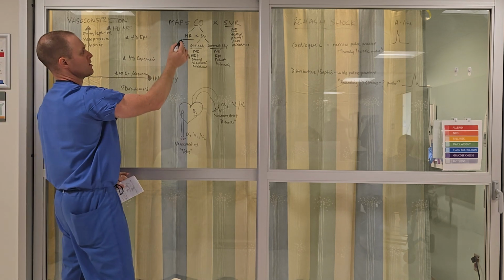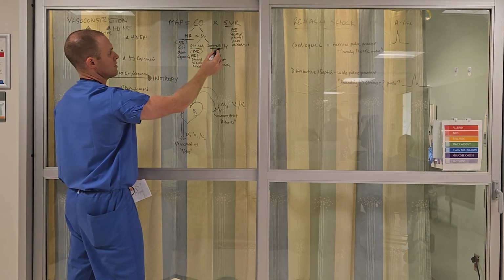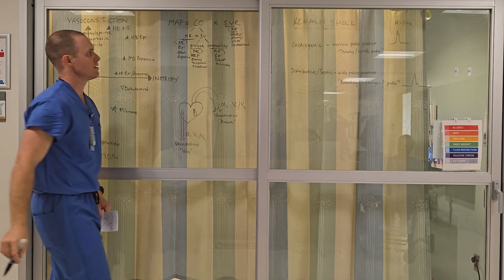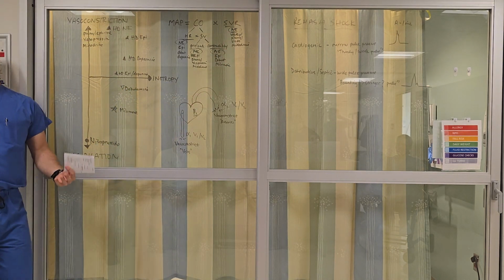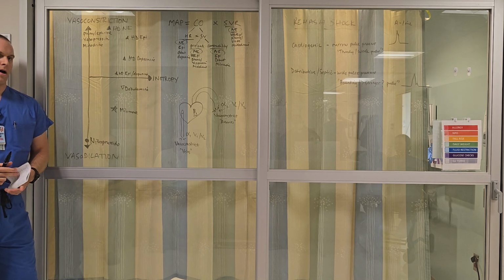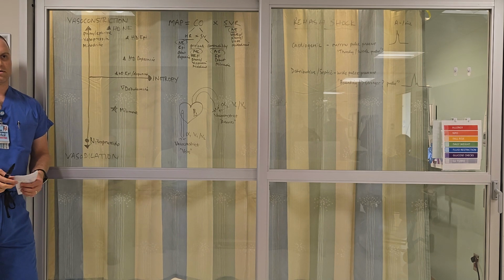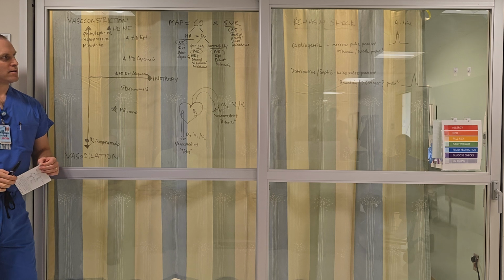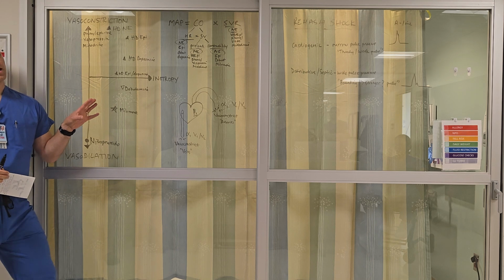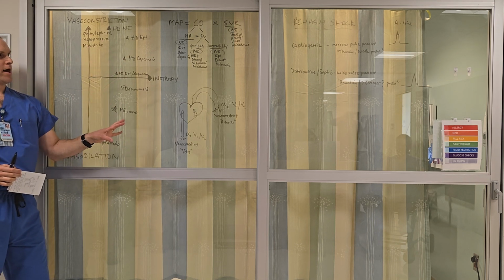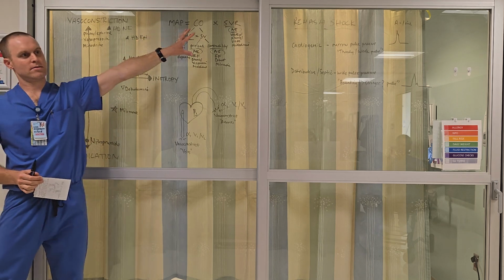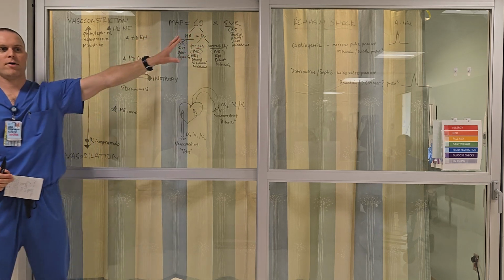And look, norepi does it all. So that shouldn't be a huge shock as to why it's probably our first line vasopressor. Does everybody understand how vasopressors work, where they work in this spectrum, and this equation? Do people have questions about that?